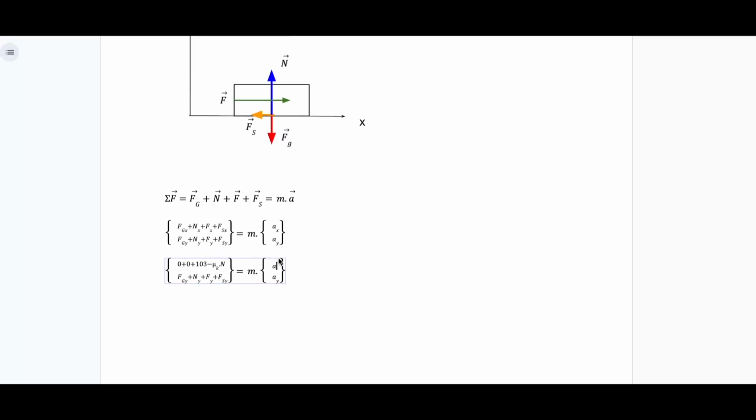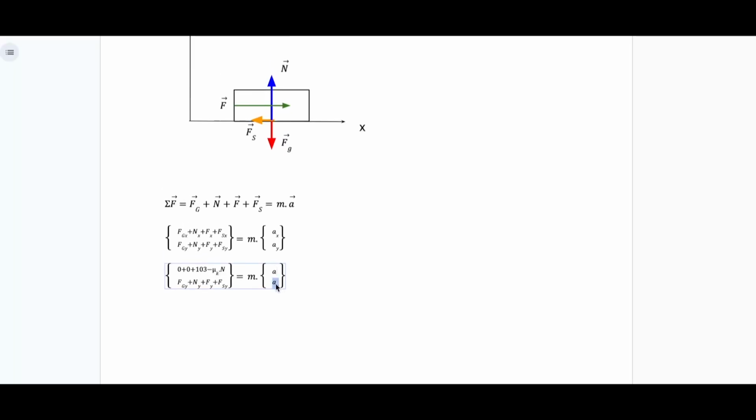I know that the acceleration is horizontal, so I can insert here a 0 value for the vertical acceleration, because I know that the box is not lifted or going down in the ground. So now vertically I can identify that the gravitational force is negative because it's going toward the bottom, and it's mass times gravitation.